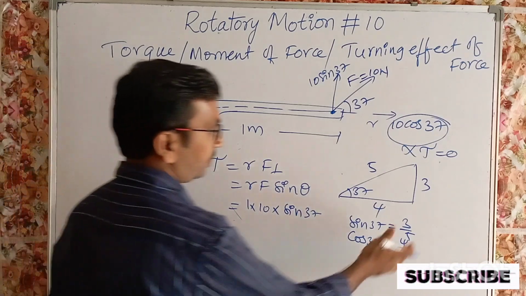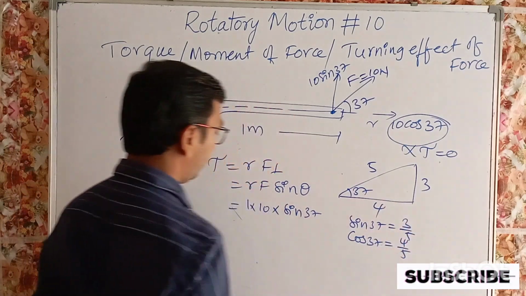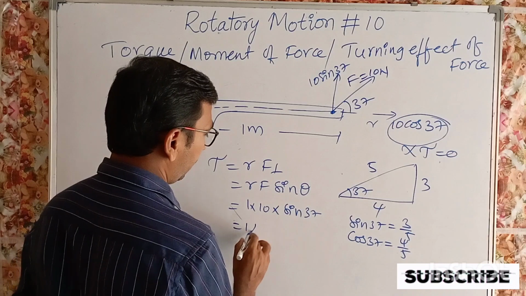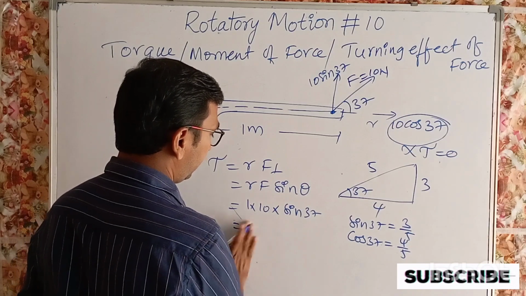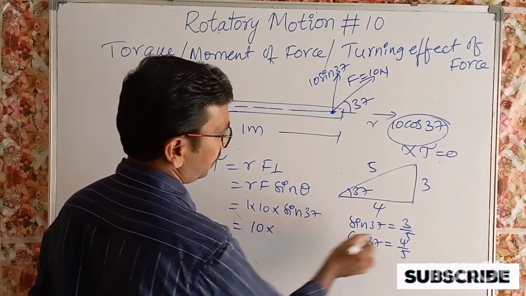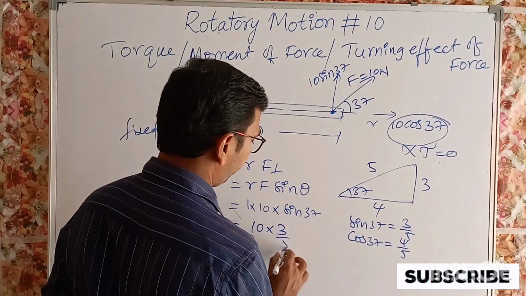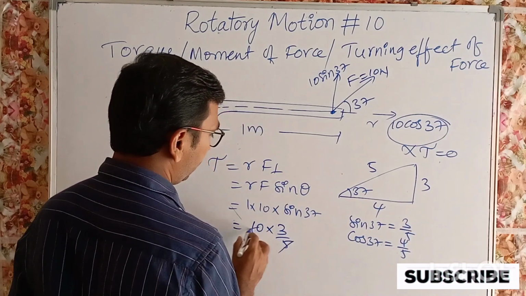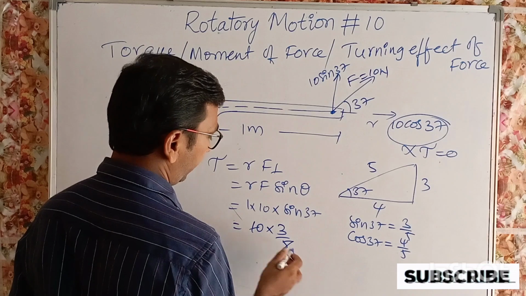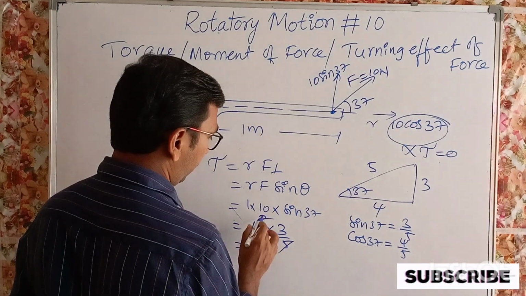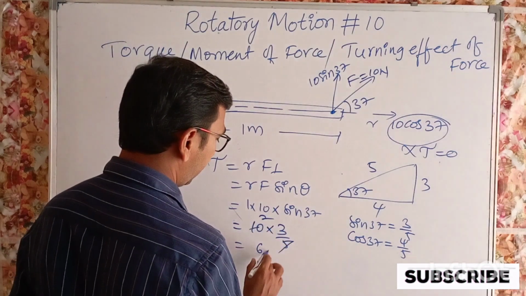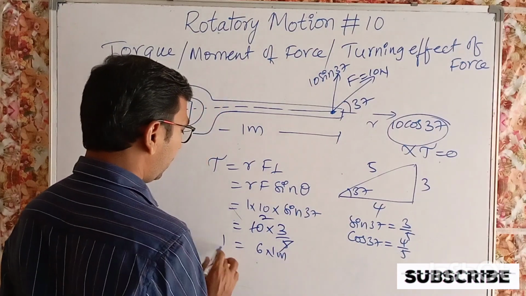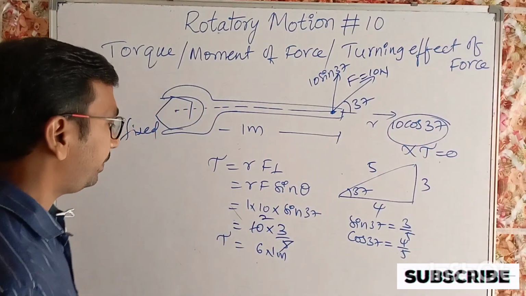So sin 37 is equal to 3 by 5, and cos 37 is equal to 4 by 5. So 1 into 10 into 3 by 5: 5 twos are 10, giving 2 into 3, which is 6 Newton meters. Torque tau is equal to 6 Newton meters.